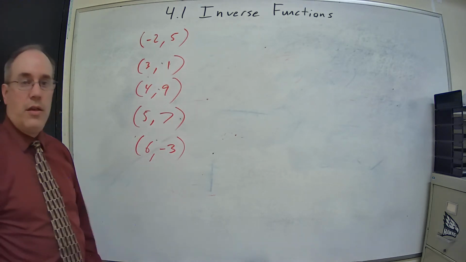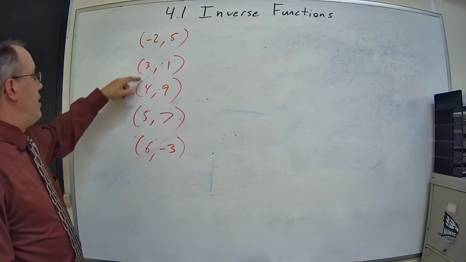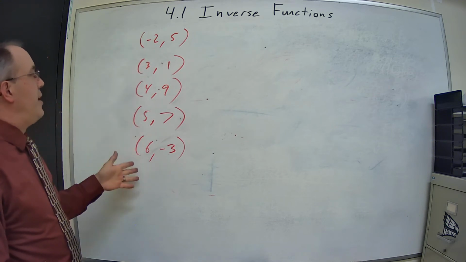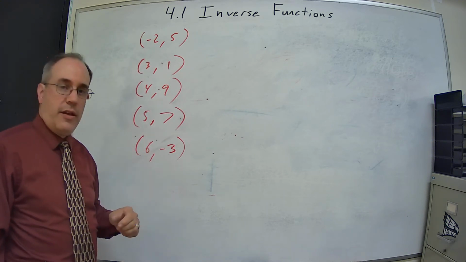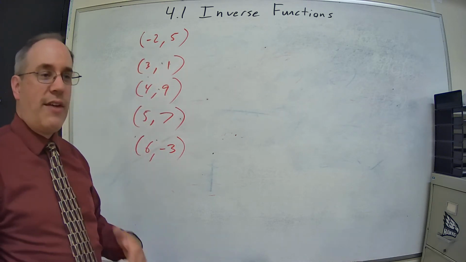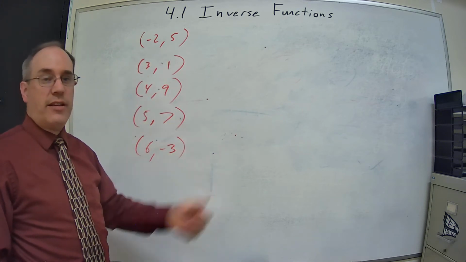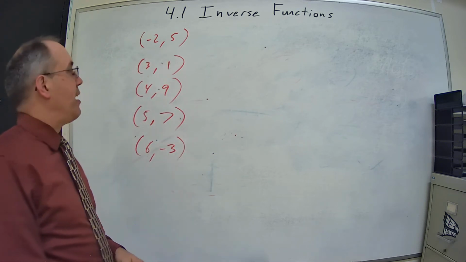Okay, first of all, let's verify it's a function. -2, 3, 4, 5, 6. I never repeated an x value, and I've got 5, 1, 9, 7, -3. I never repeated a y value, so it is a function, and it is 1 to 1. Therefore, it can have an inverse.